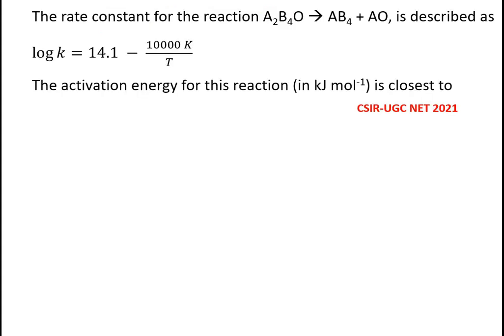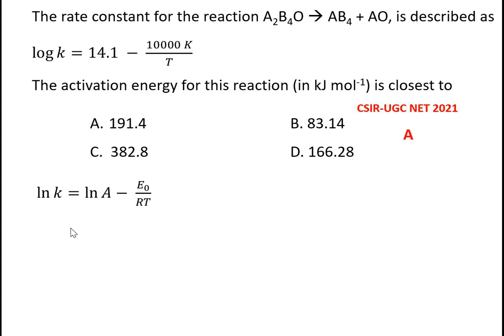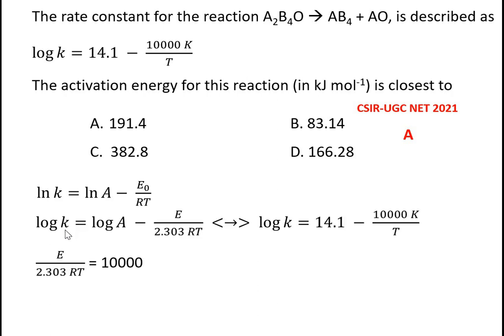The first one: the rate constant for a reaction is given in the log form, and it's asked to find the activation energy of this reaction. These are the options. You will start from the equation as I have already shown, and then you take log, not ln, so the 2.303 factor comes in, and you compare with the given equation for log k.